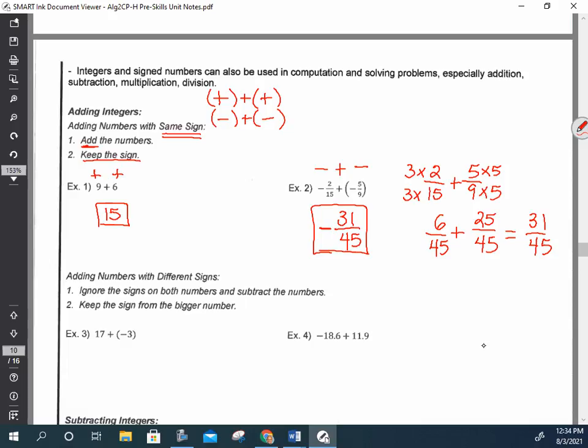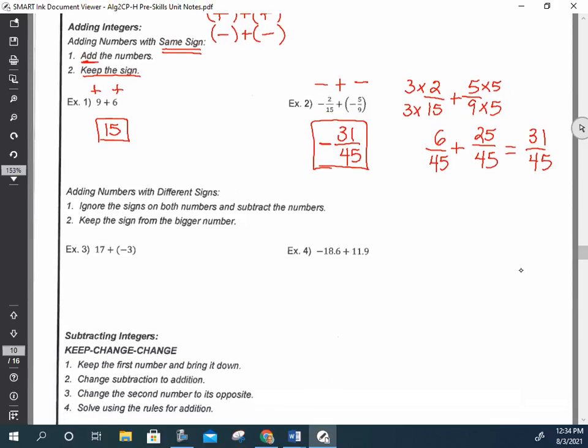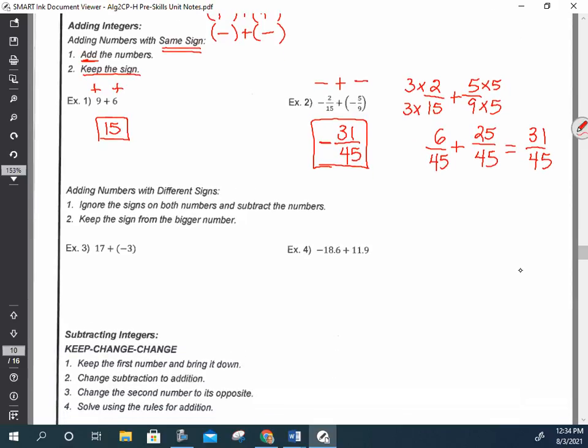If the signs are different, then the rules change a little bit. If the signs are different, meaning a positive plus a negative or vice versa, step 1: ignore the signs on both numbers and subtract the numbers.